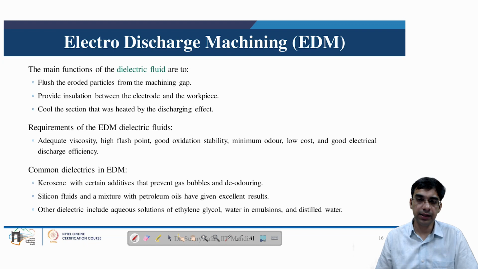Commonly used fluids as dielectrics in EDM include kerosene with certain additives to prevent gas bubbles and for deodorizing, and silicon-based fluids which are a mixture of petroleum oils, and they are known to give excellent results in electric discharge machining. Other dielectrics include aqueous solutions of ethylene glycol, water in oil emulsions, and distilled water.